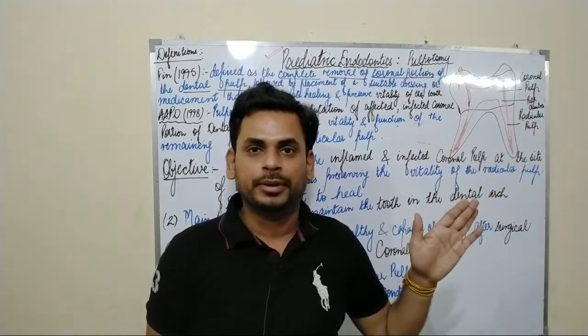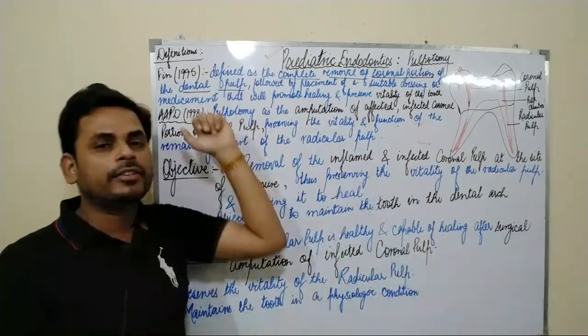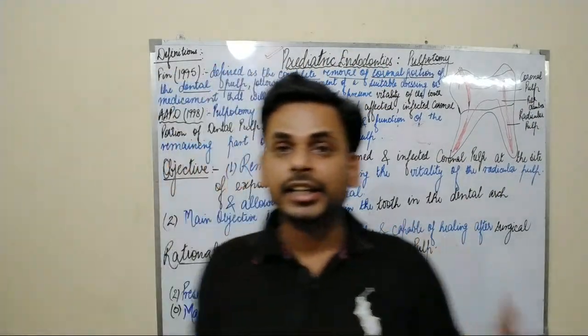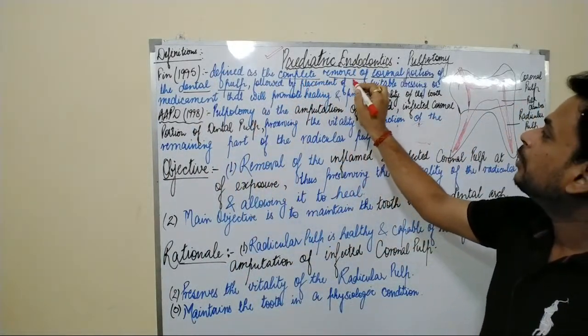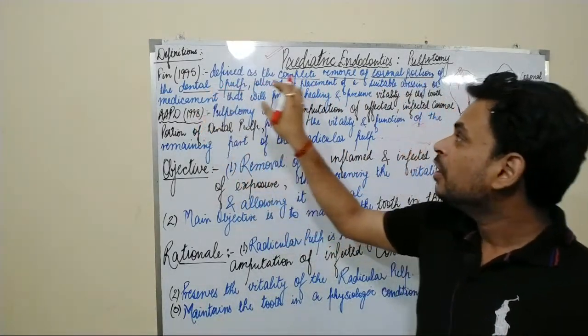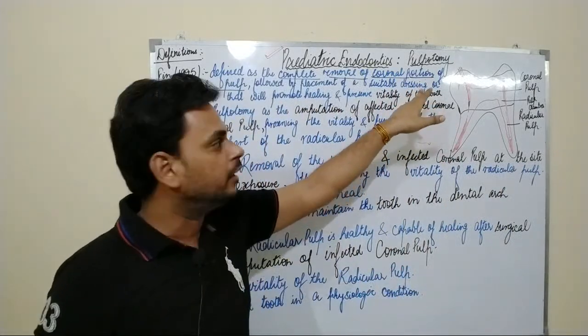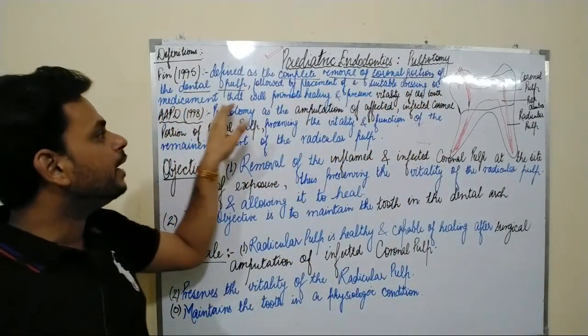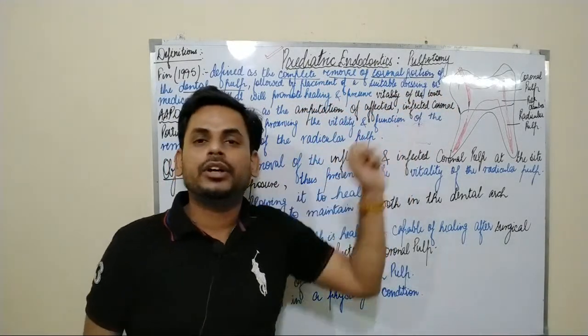The definition of pulpotomy as defined by Finn in 1995 is the complete removal of the coronal portion of the dental pulp, followed by placement of a suitable dressing or medicament that will promote healing and preserve the vitality of the tooth.